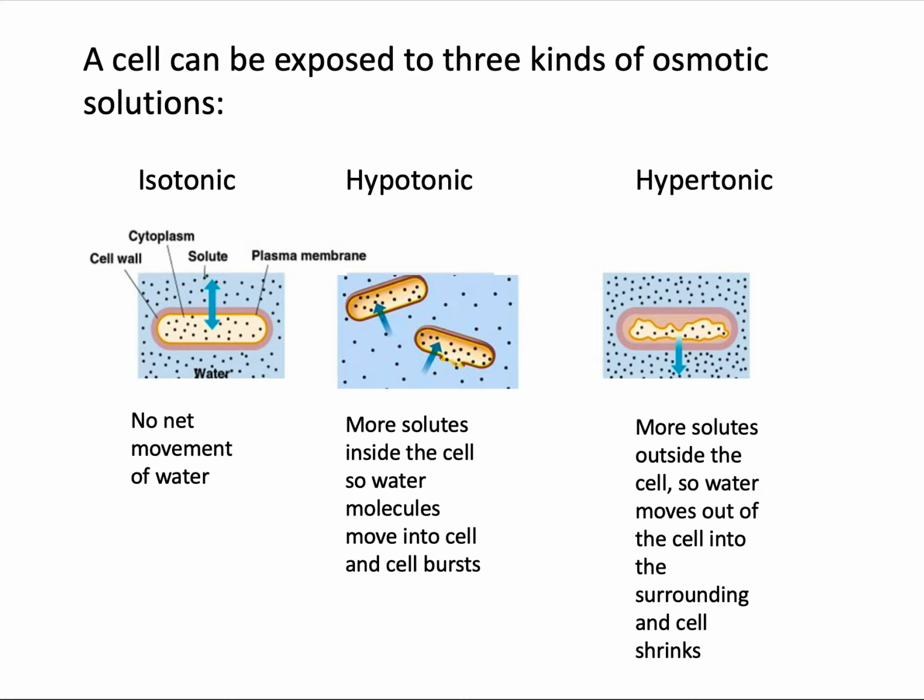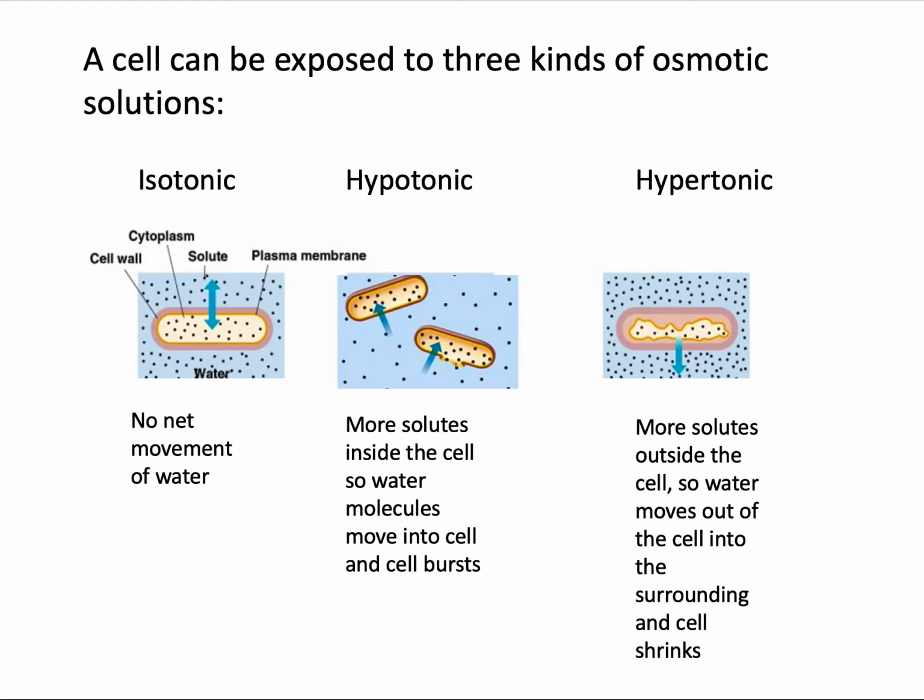So a cell may behave in a number of ways based on the environment that it's placed in. If you have a cell that is placed in an environment where the concentration of solutes outside the cell is the same as the concentration of solutes inside the cell, then the net movement of water molecules outside or into the cell is going to be zero.